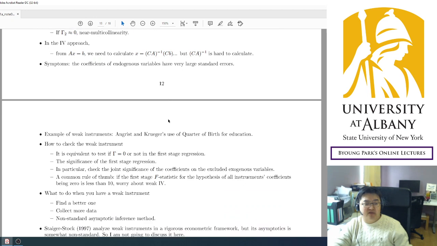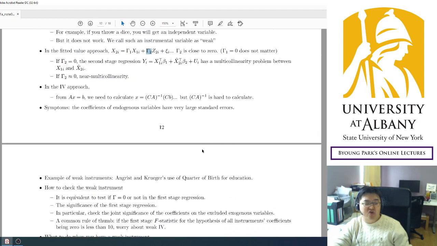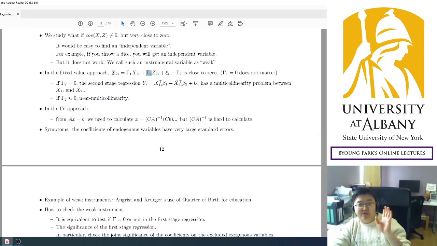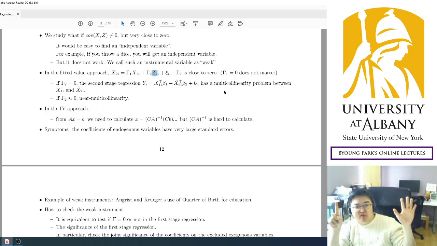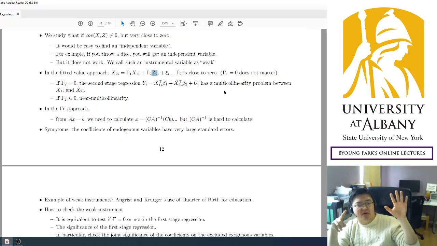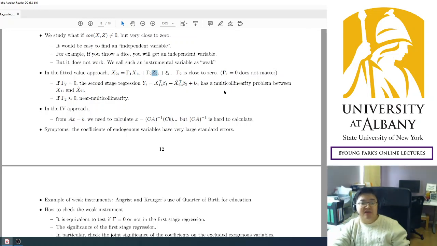And if you extend that idea to a more general case, suppose x2 is an endogenous variable with one dimension, and assume there are, say, 5 instruments. One endogenous variable with 5 instruments. Then what you need to do is not test the significance of each coefficient.